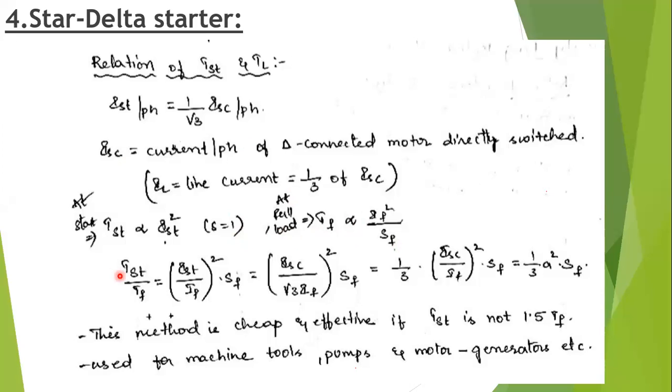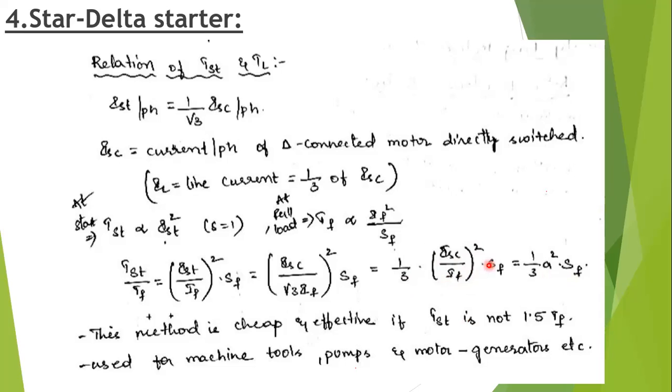So TST by TF is equal to IST by IF whole square into SF. IST means I can write ISC, and full load current is root 3 IF. So 1 by root 3 whole square becomes 1 by 3 into ISC by IF whole square. I can write ISC by IF as A. So it is 1 by 3 A square SF.